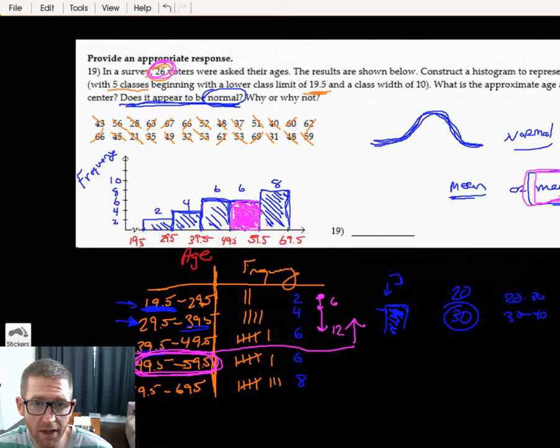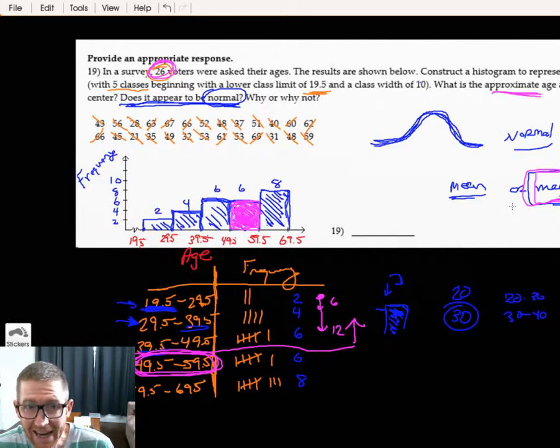I have no idea how old they are, though. Well, actually, I do. They're in these values right here. So I could do a quick approximation: the median is going to be the middle number of this class, which is 55. That would be a good approximate age of the center, because I'm using the distribution to answer this question, just the middle of this class. I could say the approximate age of the center is 55, because it's an approximate median.